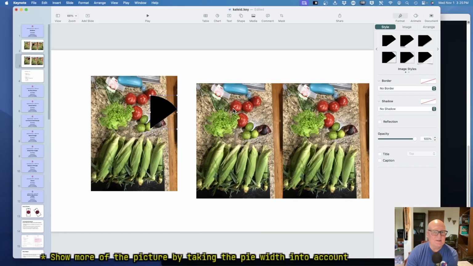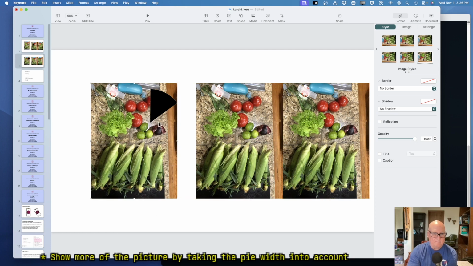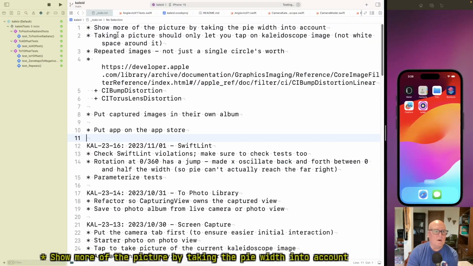Okay. All right. But I think if we did that, instead of going to halfway, we would say 0 to pi is this restricted width. And in reality, it would show it to the width of the full image, but we would call 100% the far right side. And I think that's a doable thing for tomorrow.